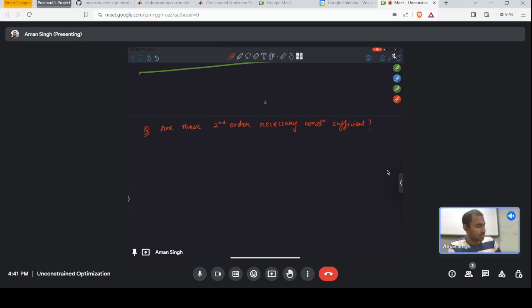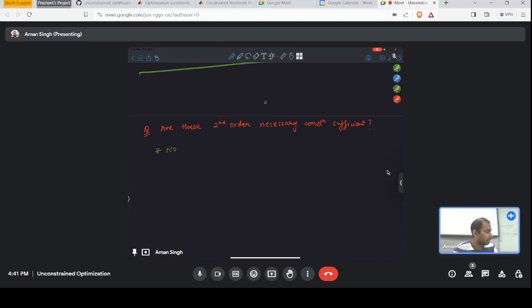Actually the answer is no, they are not. Because you can find a point where f dash x and f double dash x are 0 and greater than or equal to 0 respectively, and still it is not a local minima.